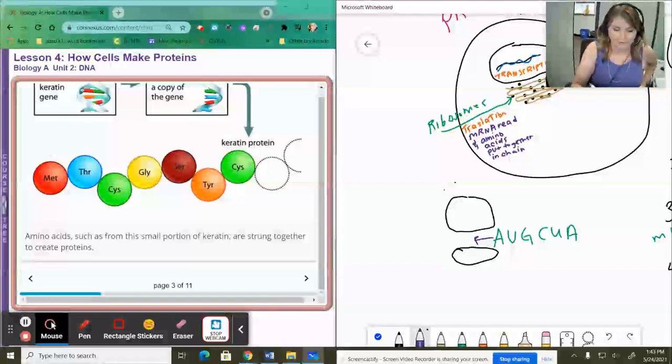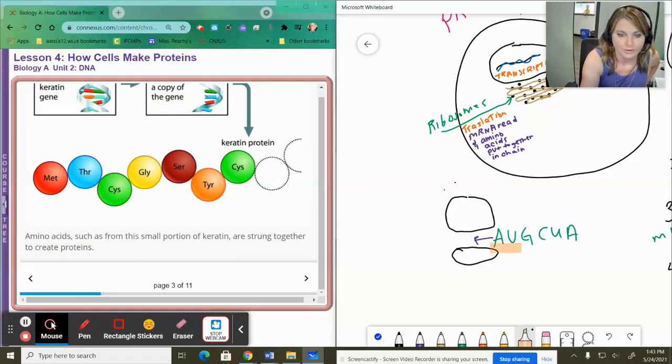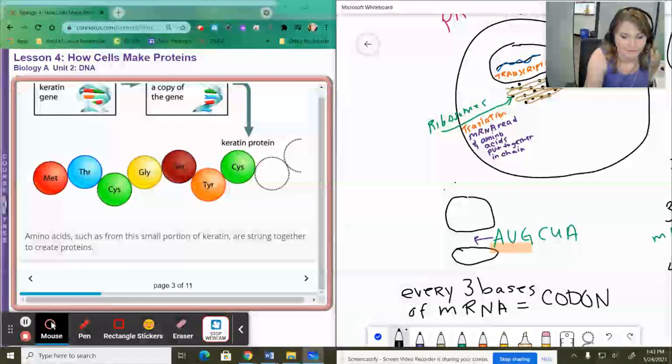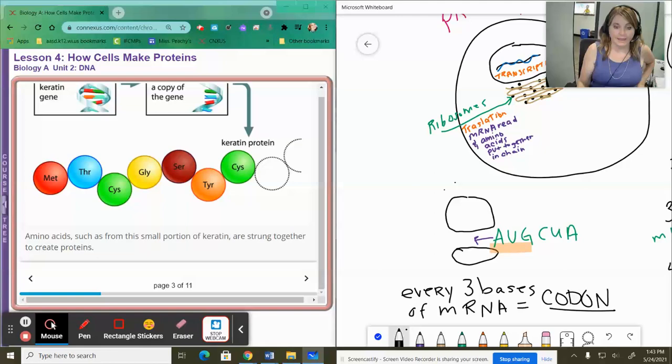It's going to be read 3 bases at a time. Every 3 bases is called a codon. So AUG is the first codon.